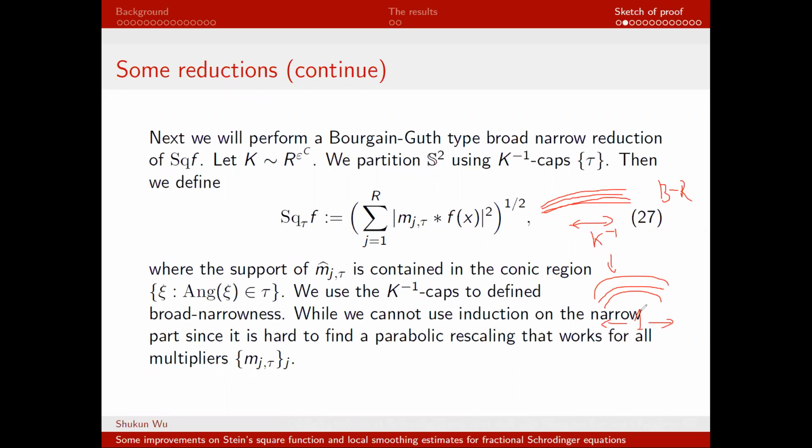For one cap, you can definitely do that. But for the square function here, we have R many of these annuli in the horizontal direction. So it's hard to find a rescaling that works perfectly for all these annuli. Basically, we don't go in this direction to use broad-narrow.